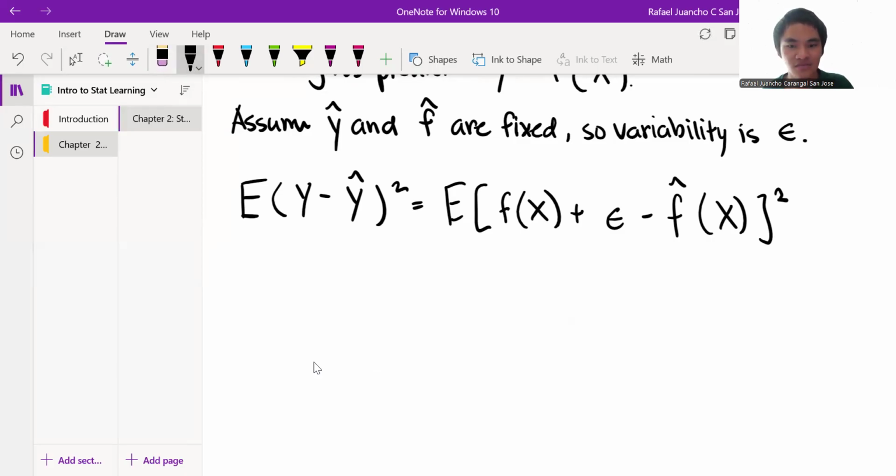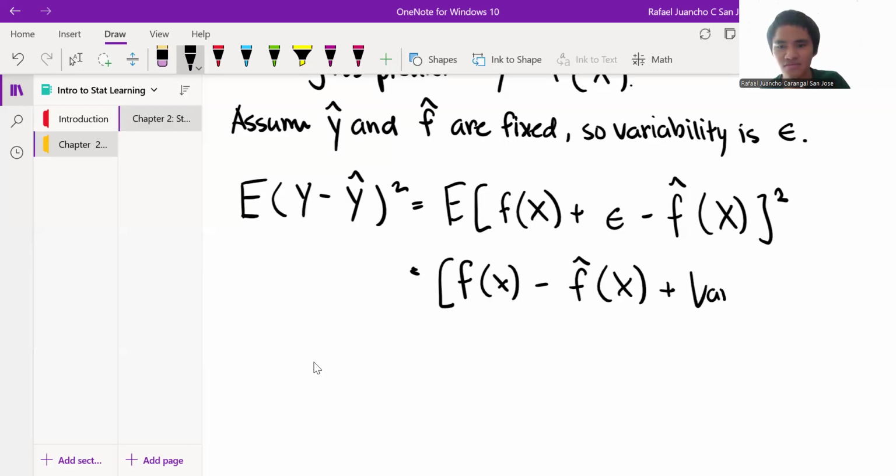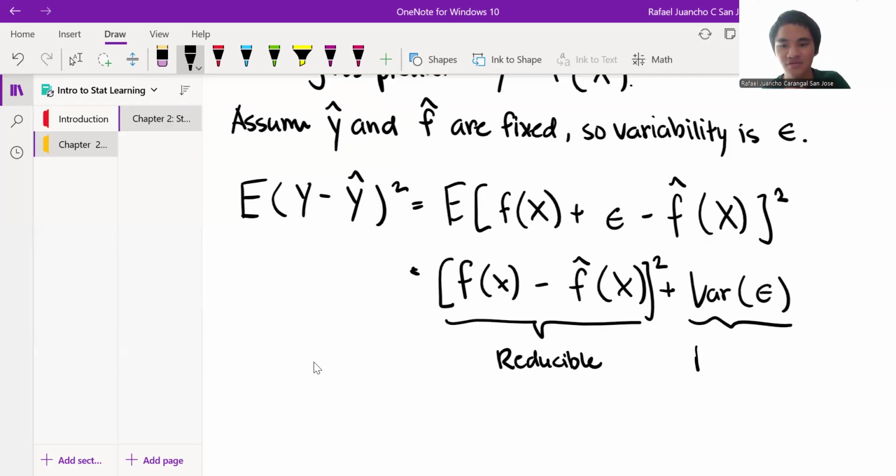And then from there, what's going to happen? Oh, this is the fun part. This actual value minus this thing, we're going to add the variance of this epsilon. And so from there, we actually get two things. This is what we call the reducible error. This is the irreducible. I think that's important to note, right?